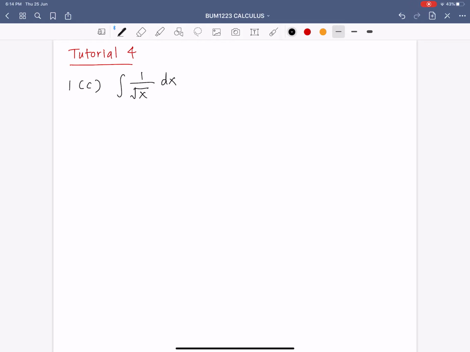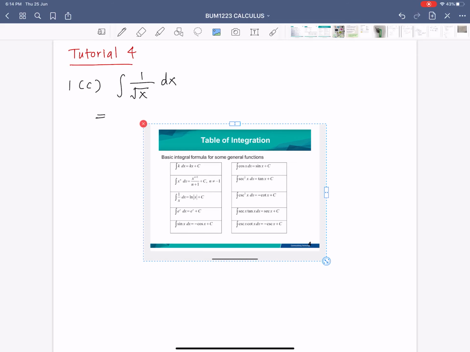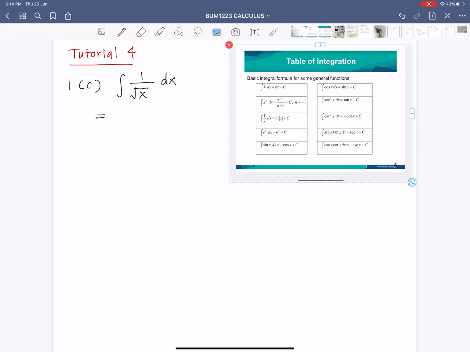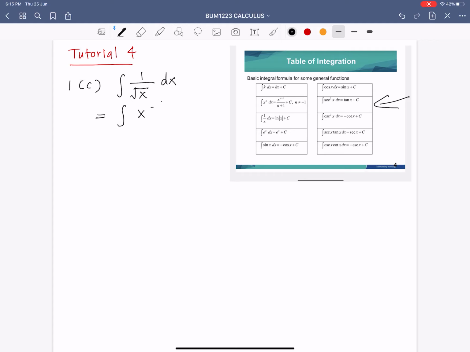If you see from our formula here, we don't really have it in the form of 1 over square root x. So what we have to do is rewrite this so that it will be in the form of one of the basic formulas in this table. So the integration of 1 over square root x dx can be rewritten as the integration of x power of negative 1 over 2 dx.